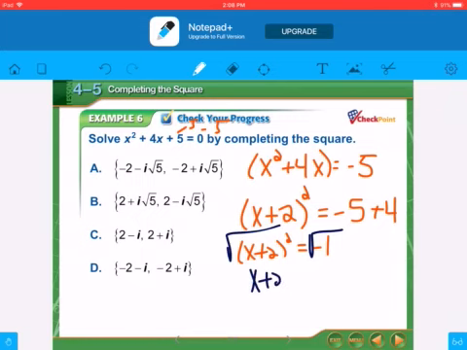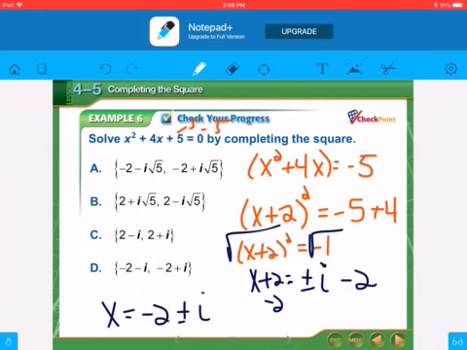So I get that x plus 2 equals, the square root of negative 1 is plus or minus i. And now subtract 2. And we always put i at the end, so x equals negative 2 plus or minus i. So it's negative 2 plus i and negative 2 minus i.